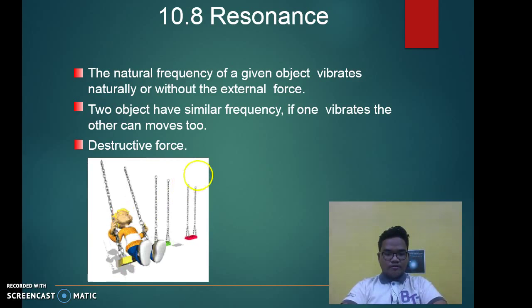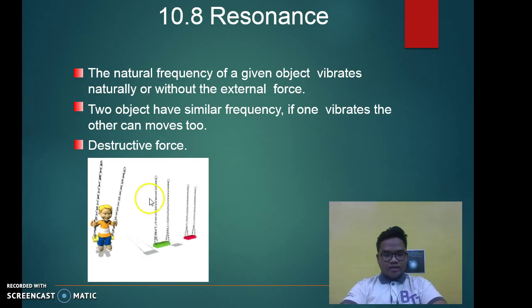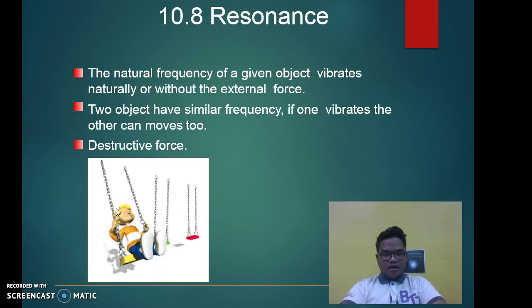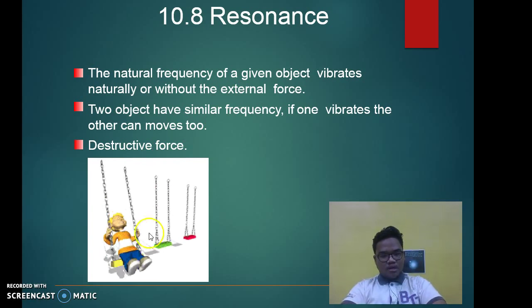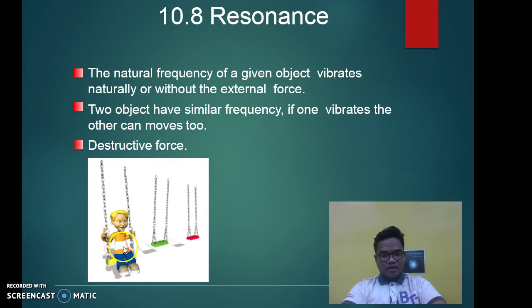Okay, as you can see over here, these two swings have the same frequency as this swing that is played by this boy. So that makes it so if one vibrates, the other can move too. So this boy played the swing and the other two swings move the same as the swing.